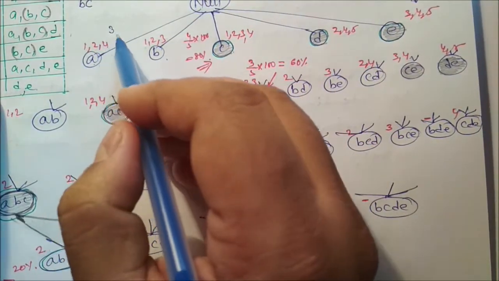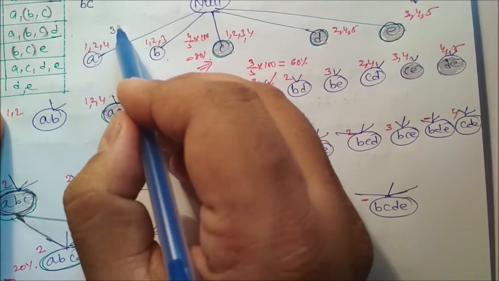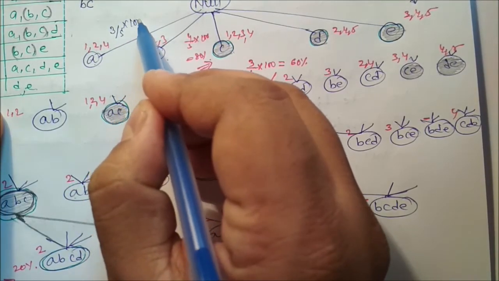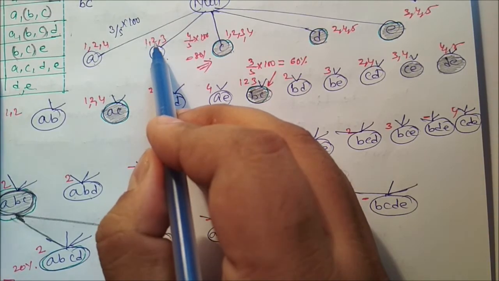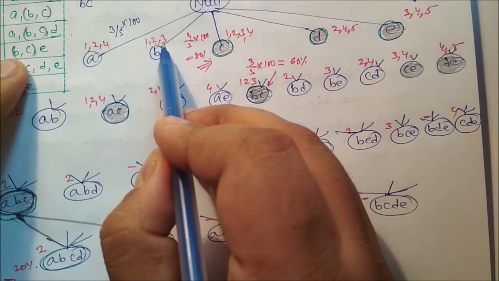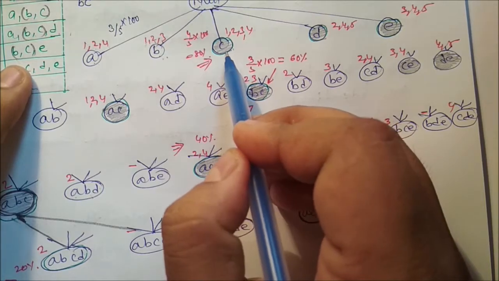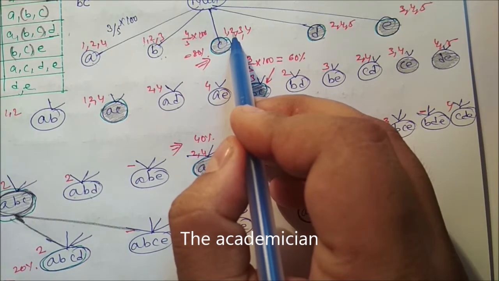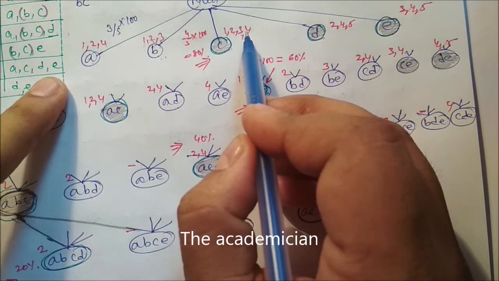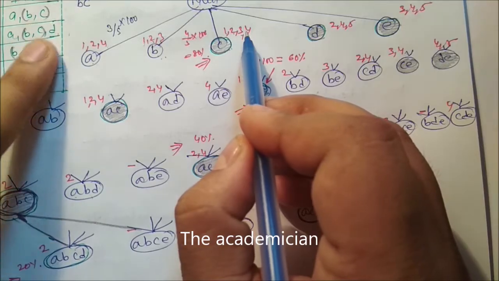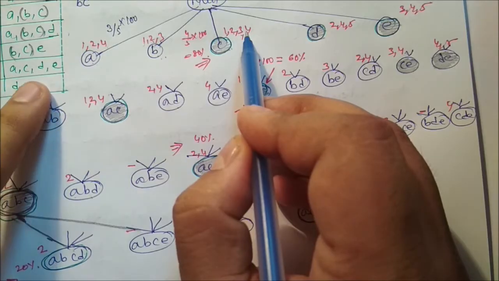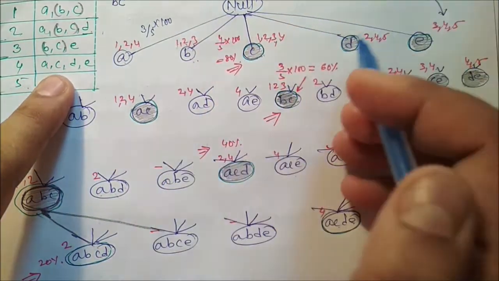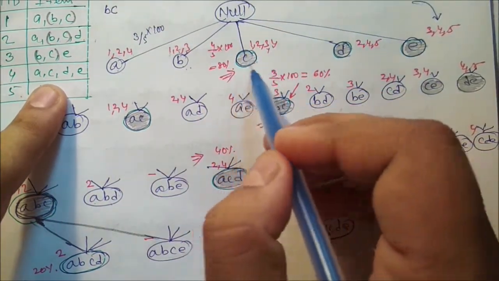So what will be the support? 3 by 5 into 100. Similarly, B is in the first, second and third transactions. C is in the first, second, third and fourth transactions. So what is its support?